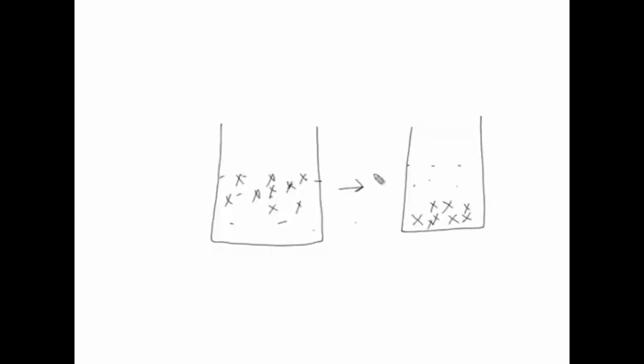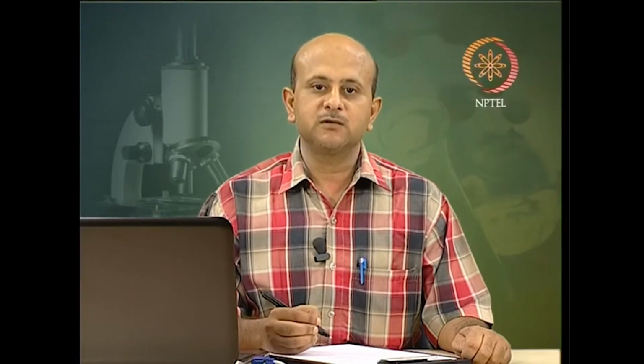Now, there are certain factors on which this whole thing depends. One is the size of the particle. Another thing would be the shape of the particle. Supposing you have a spherical material of a particular molecular mass and you have the same molecular mass in an elongated or flattened structure, then certainly the spherical shape will move faster under the influence of the centrifugal field than a flattened or elongated structure.